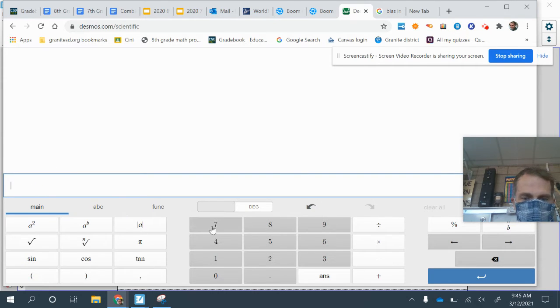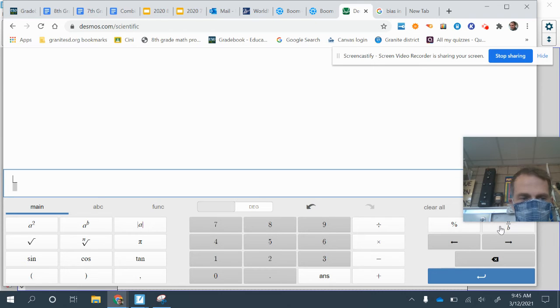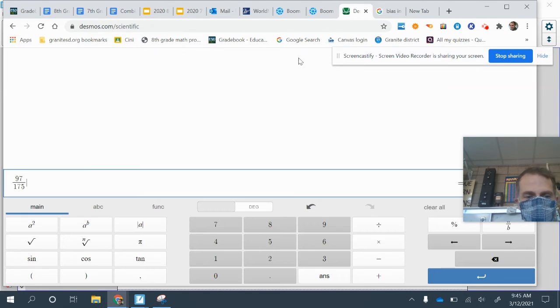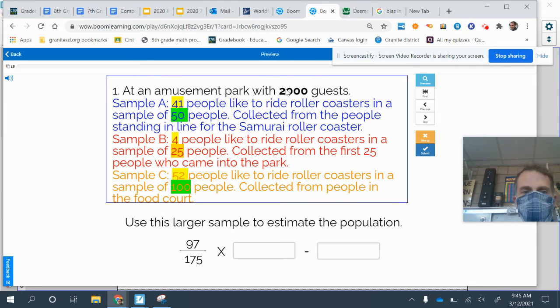So I got my fraction right here, 97 out of 175. That was my survey, my big combined survey. See, look, 97 out of 175 times, how many guests were there? 2,000 people at the park.